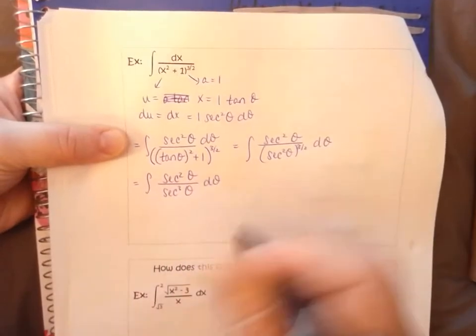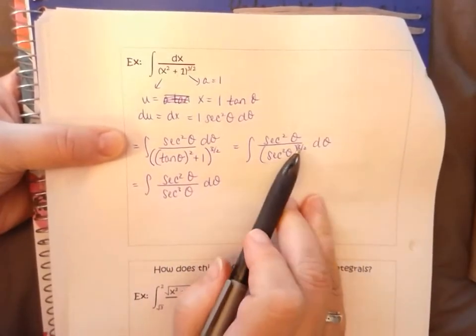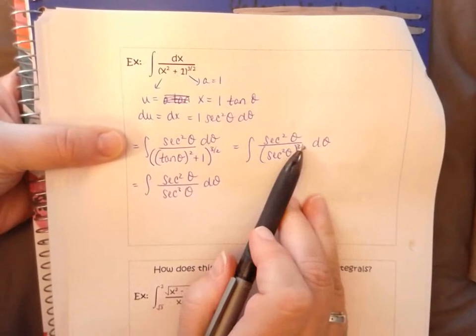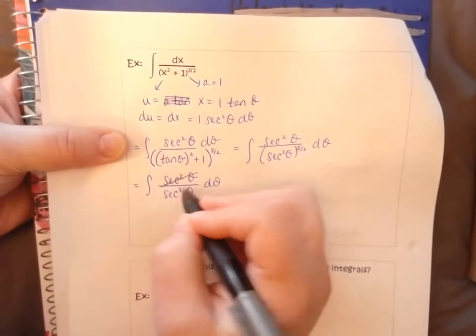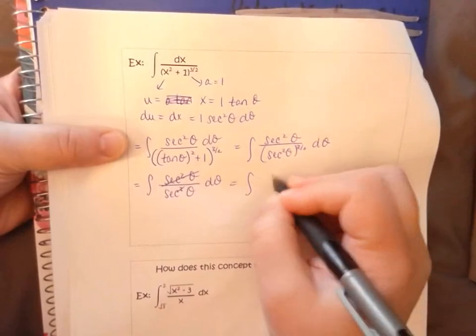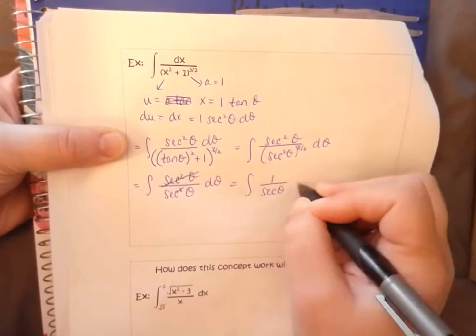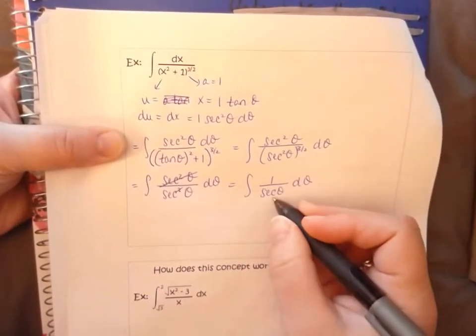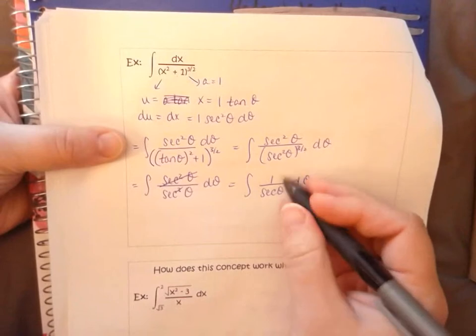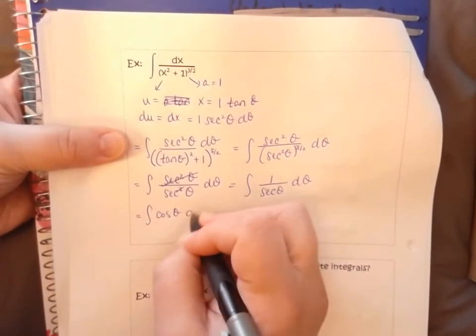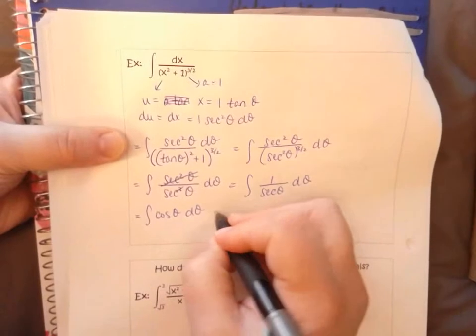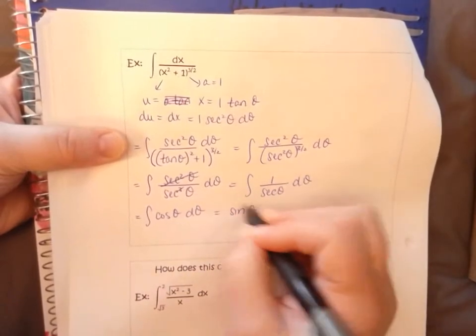Again, let me explain that one more time. 2 times 3 halves is going to turn out to just be the 3. Okay? Which means that I have the integral of 1 over secant theta. But secant theta is the reciprocal of cosine, so if I do its reciprocal, I'm just taking the integral of cosine. Which means I just have sine.